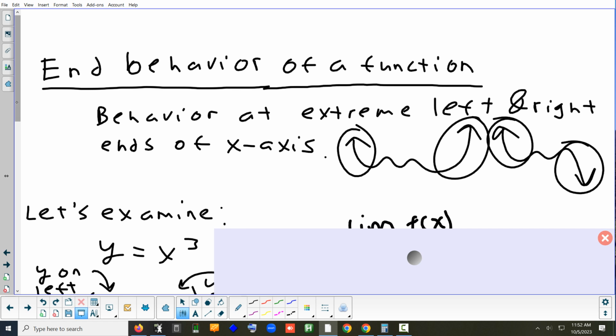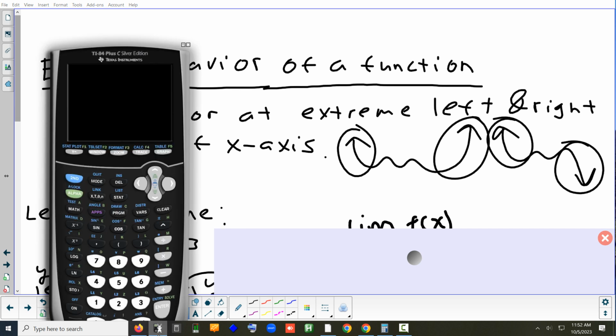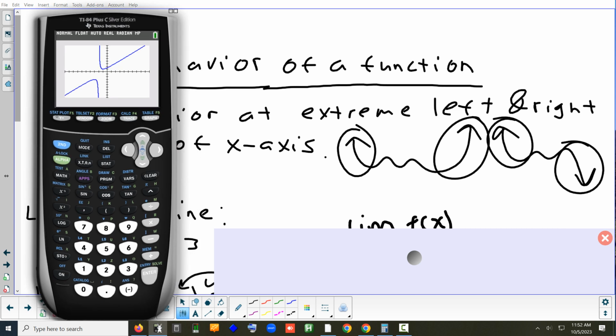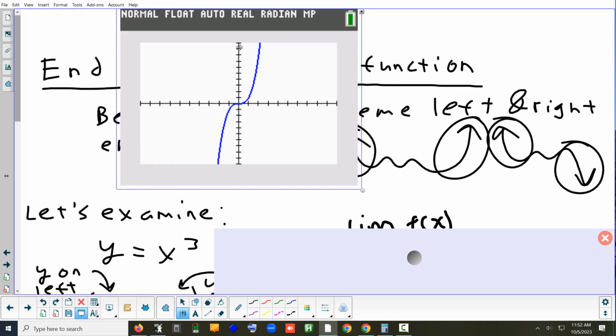Okay, so let's graph y equals x cubed. So the parent function for cubics. Wait, what are we typing? Just y equals x cubed. What's happening on the left side of the graph? Which way is the graph heading?